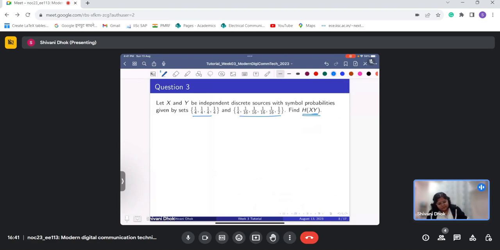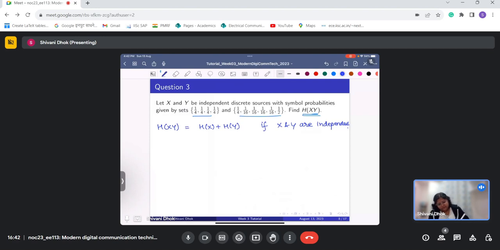Now it was discussed in the lecture that h of xy is equal to h of x plus h of y if x and y are independent. So we need to find this.